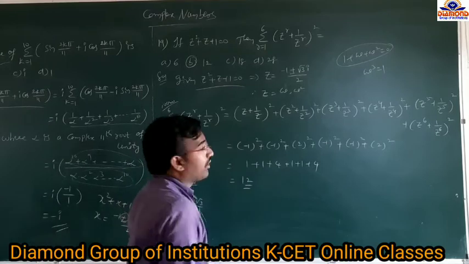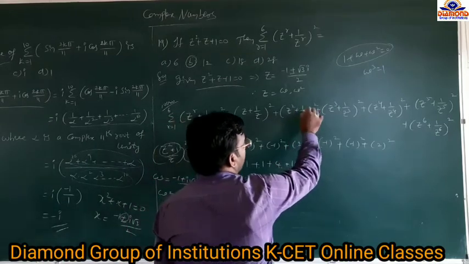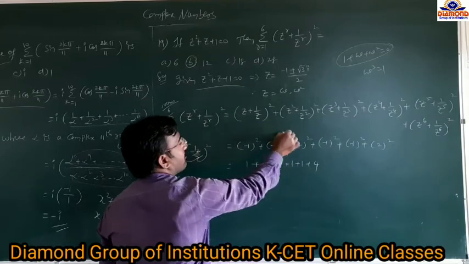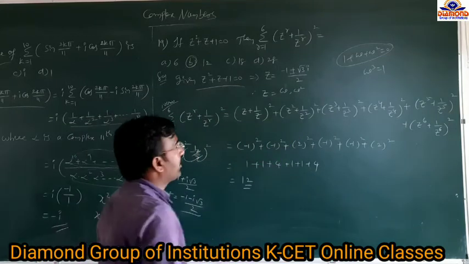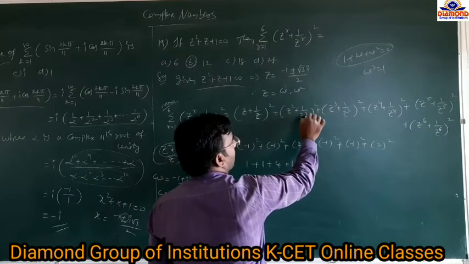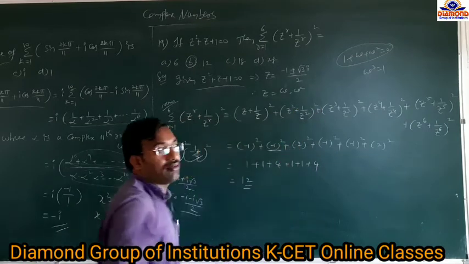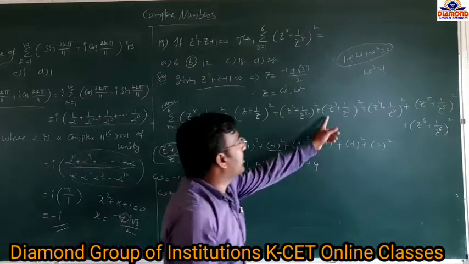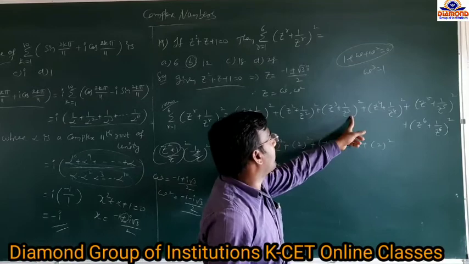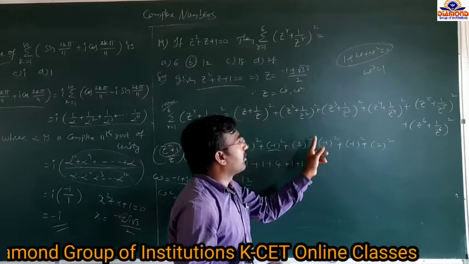Plus here also the same: z square plus 1 by z square. If you substitute omega square in the place of z, omega square plus 1 by omega square is also still minus 1 whole square only. Here z cube is nothing but omega cube. Omega cube is 1. So 1 plus 1 by 1 is nothing but 2. So 2 square.